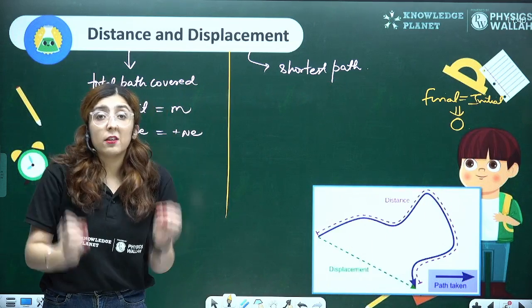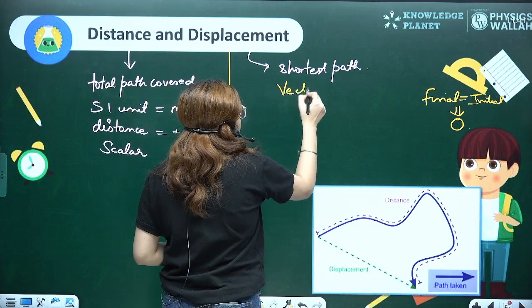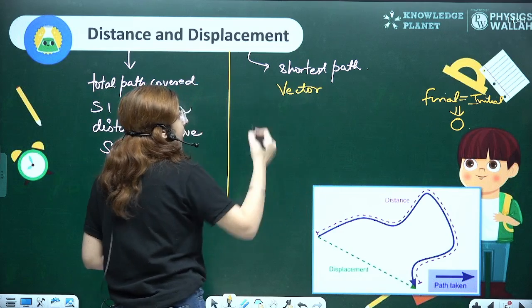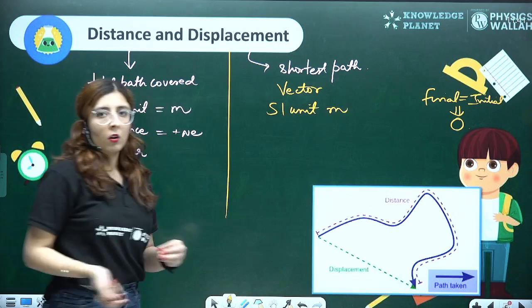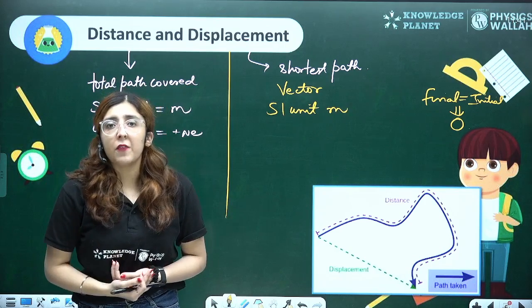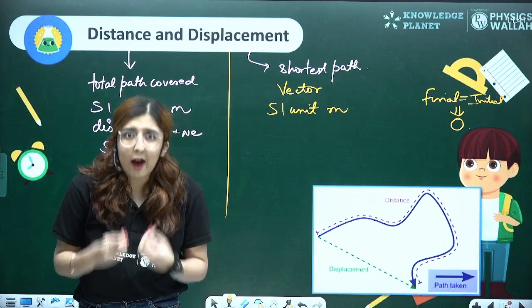Displacement requires direction. Displacement is a vector quantity. Moreover, the SI unit is meter. Whenever you specify displacement, you will say 4 meter in east. You have to specify direction.